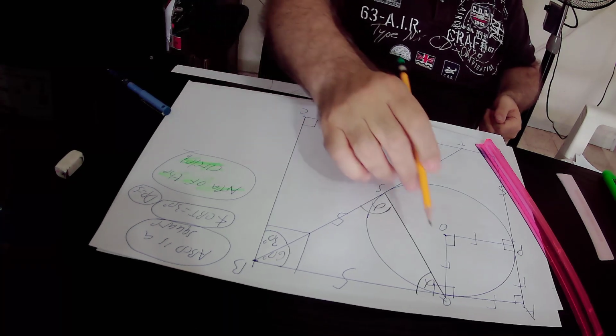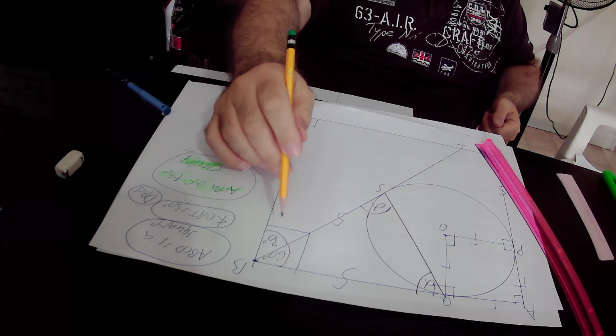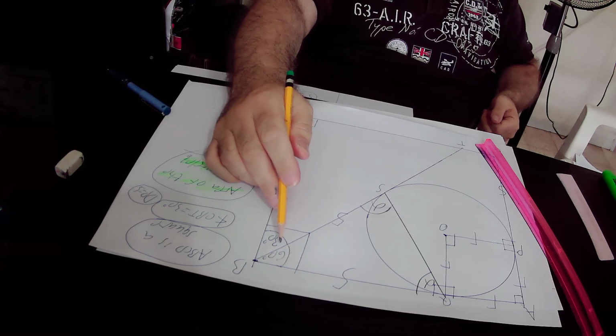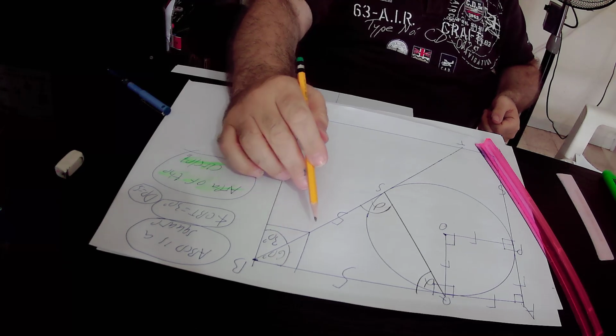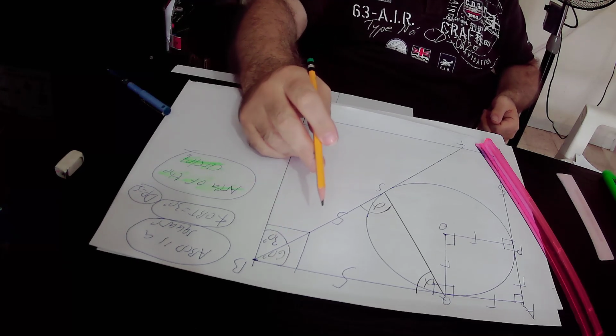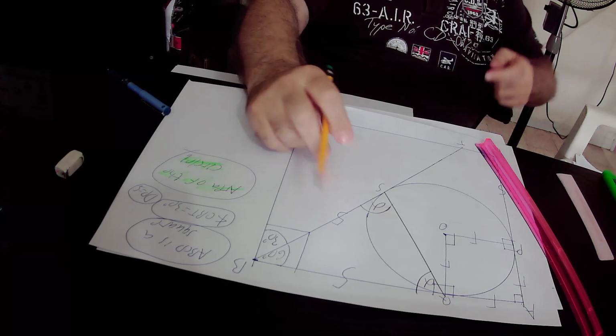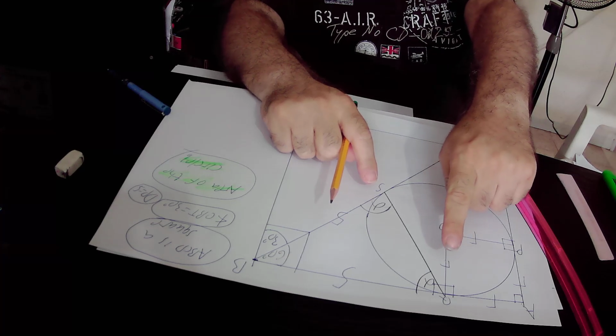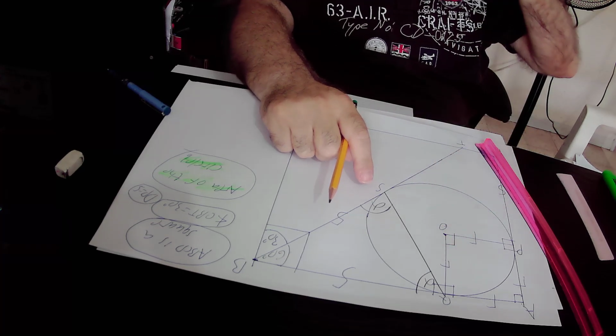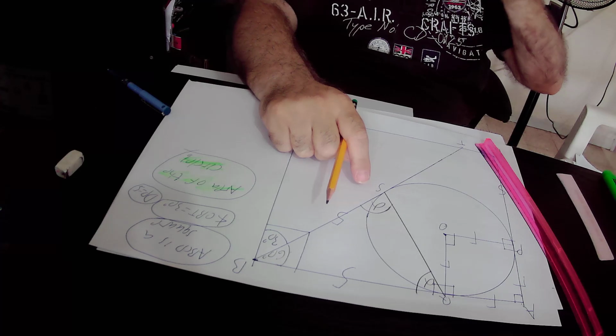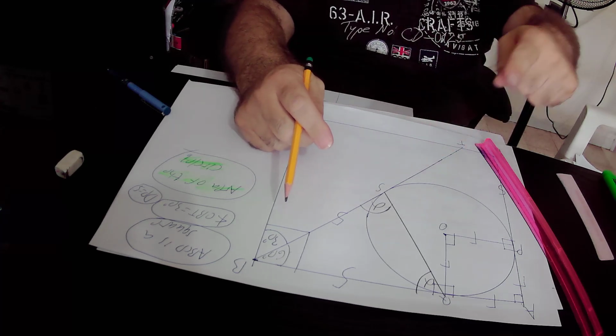We focus on triangle QSB. In triangle QSB, this angle equals 60 degrees. Therefore, the sum of the other two angles must be equal to 180 degrees minus 60 degrees, which is 120 degrees.